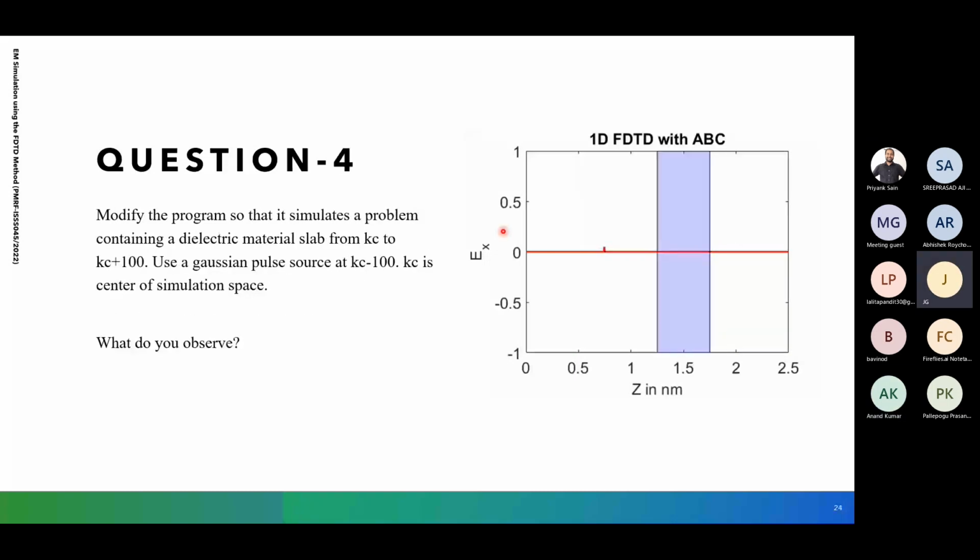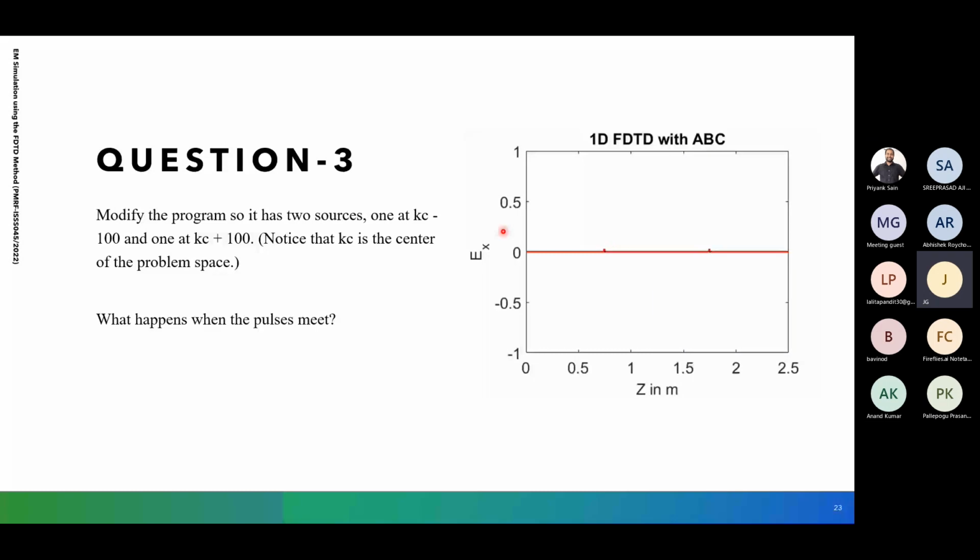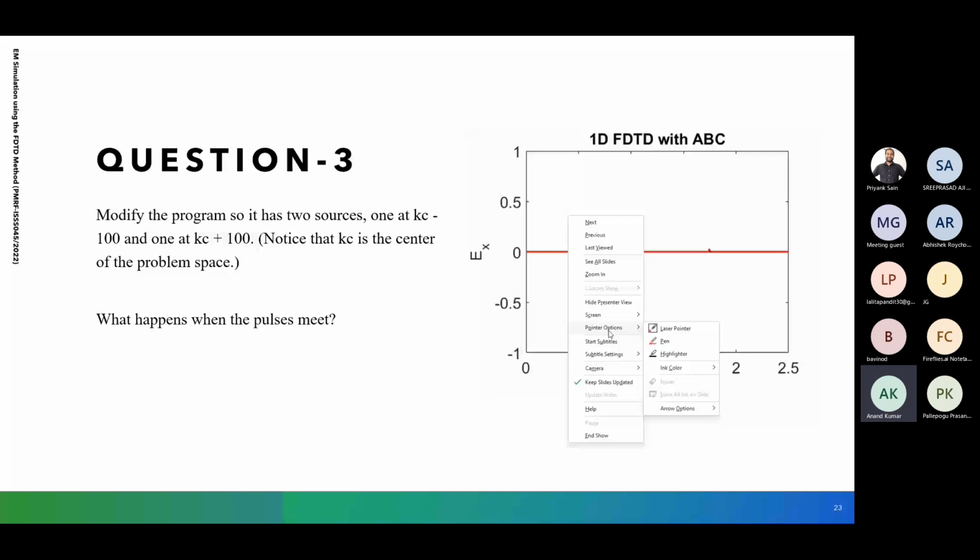But for Kc plus 50, it was all right. But with Kc plus 50, there were multiple waves, like generating from the same point. If multiple waves are generating at the same point, I'm not sure what the issue is.